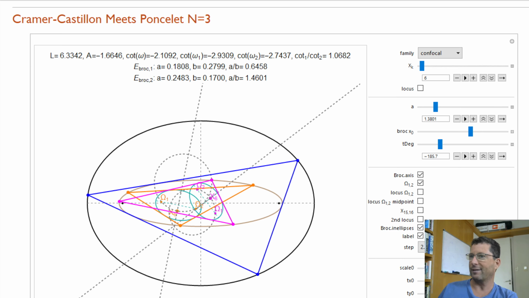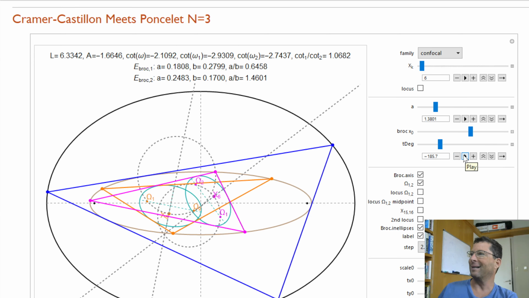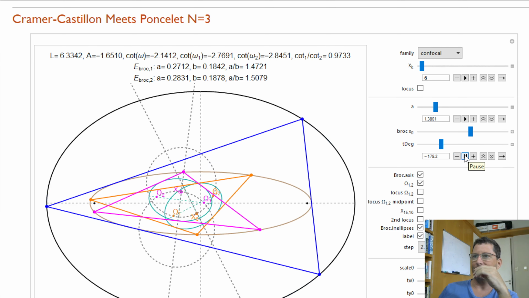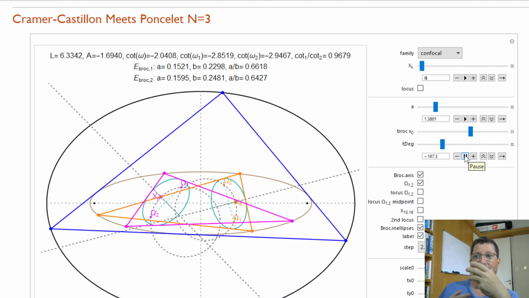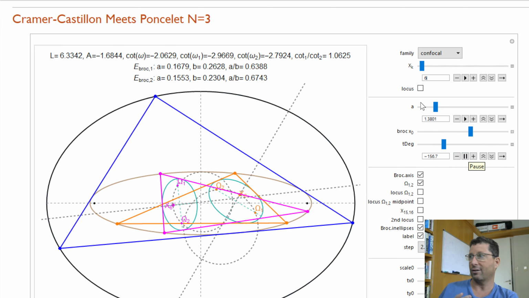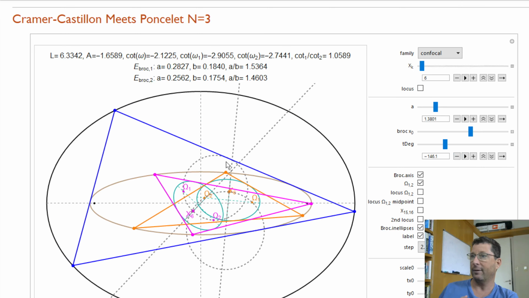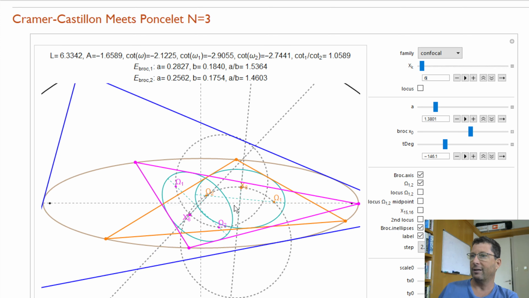Now when you do this, you can see that this completely disorganizes everything. I no longer share Brocard circles, so let's stop that so we can look at them. Here's one Brocard circle, here's another Brocard circle, and I no longer share Brocard points or Brocard in ellipses. You can see that the Brocard in ellipses are drawn here in this aquamarine color, and they're not shared.